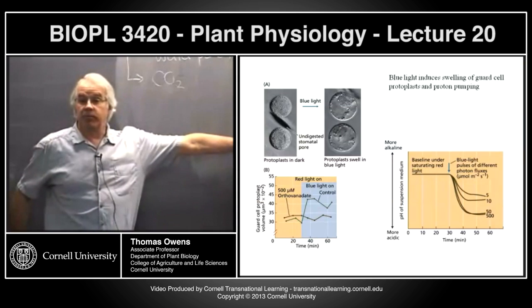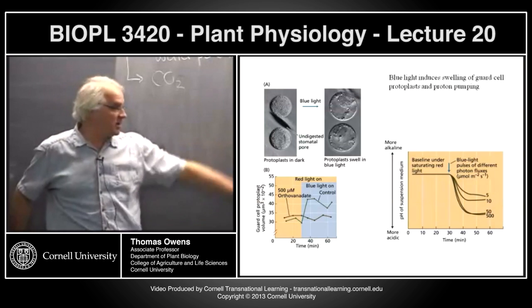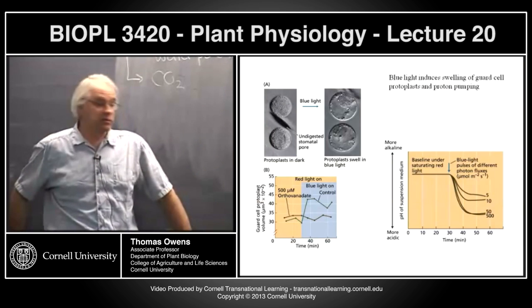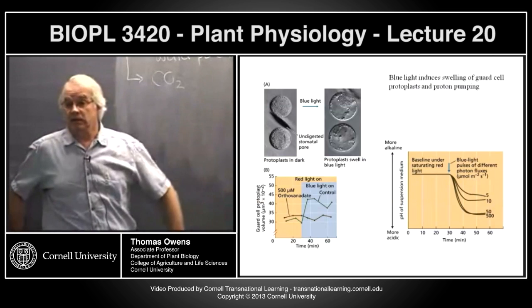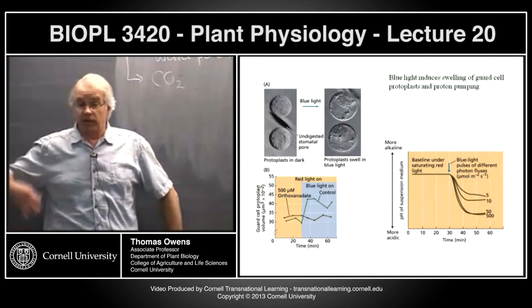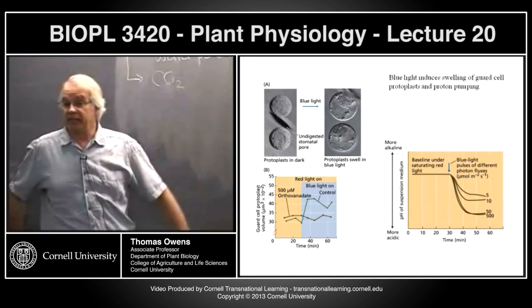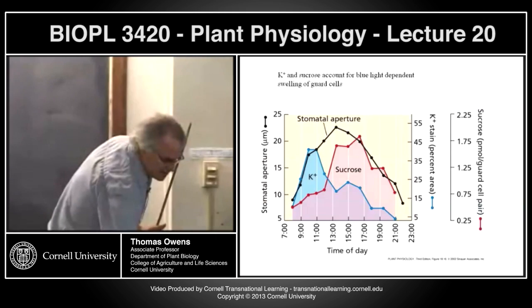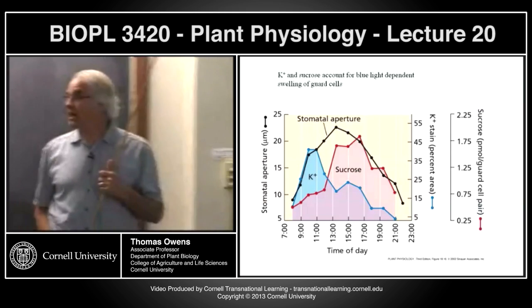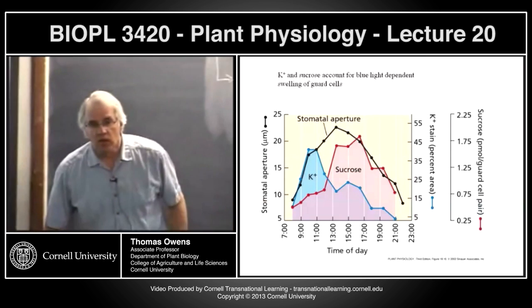So it's a compound that can be produced from starch in the chloroplast. It can be produced from triose phosphate in the chloroplast. So malate and chloride are the main counterions that keep electrical neutrality inside the cell as far as balancing the potassium uptake.